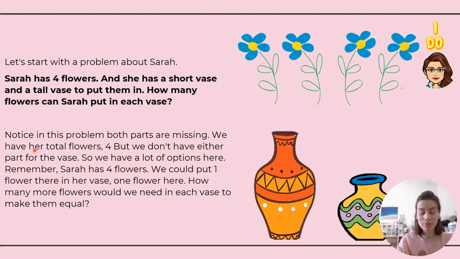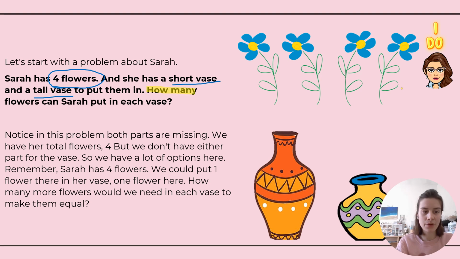Notice in this problem, we need to highlight or underline what we've been given. So I know that Sarah has 4 flowers. She has a short vase and a tall vase to put them in. How many flowers, my question is, and I'll highlight this part.